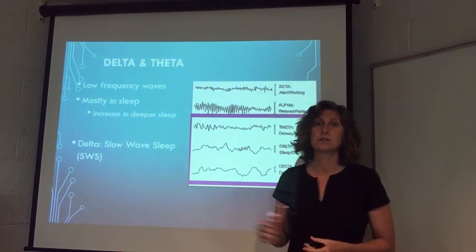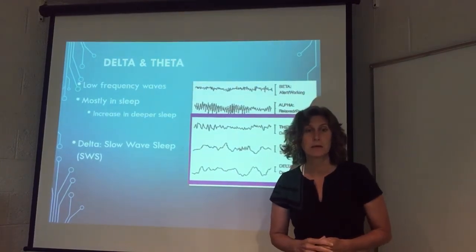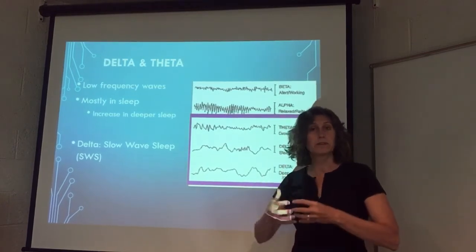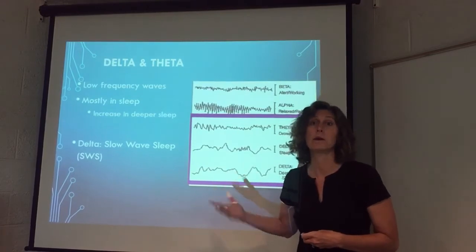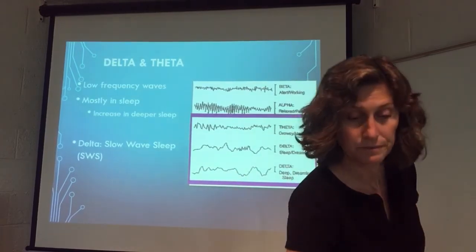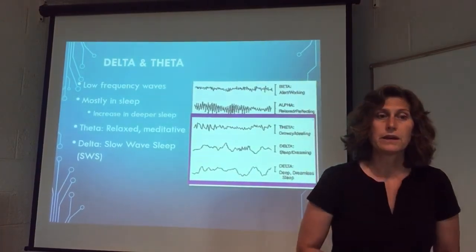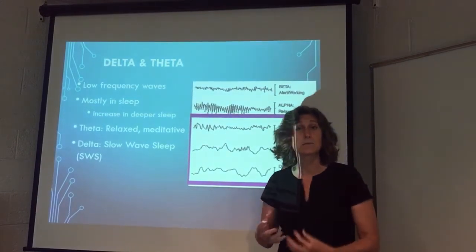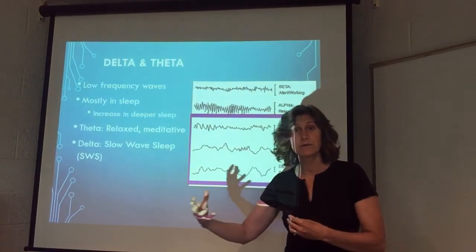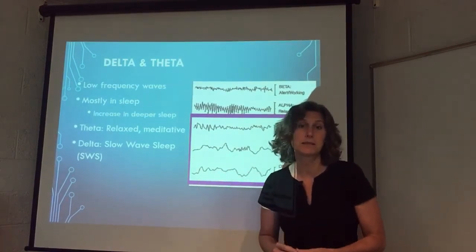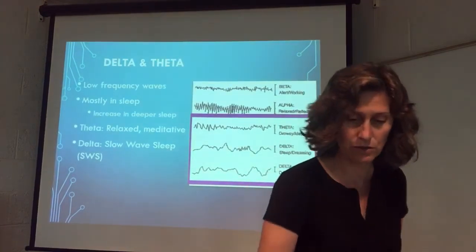Delta specifically is associated with slow wave sleep. This is going to be a little bit of a tie-in with Dr. Friedman's class. You'll be studying a lot about slow wave sleep in that class. And theta is a little bit of a relaxed meditative state. It can be a drowsy entry into a sleep stage, or just a very drowsy stage otherwise.